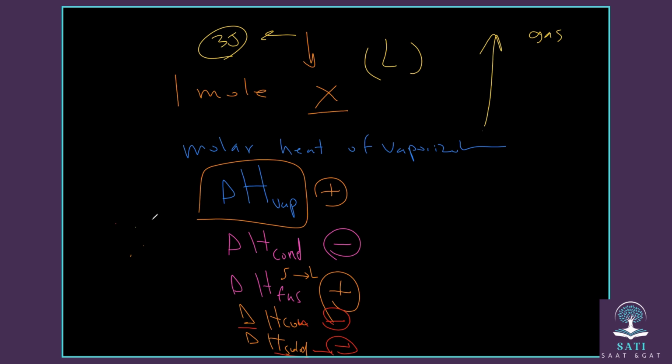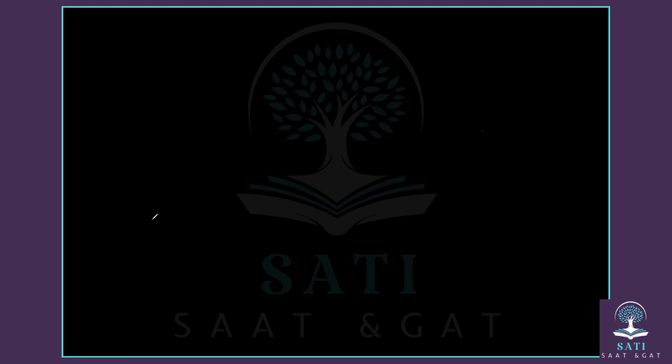Negative, which is what? Exothermic. As long as it is molar, you define it as the amount of heat needed to convert from this state to the state for 1 mole only of a substance. So you understand here the changes and whether they are exothermic or endothermic and their molar heat related.